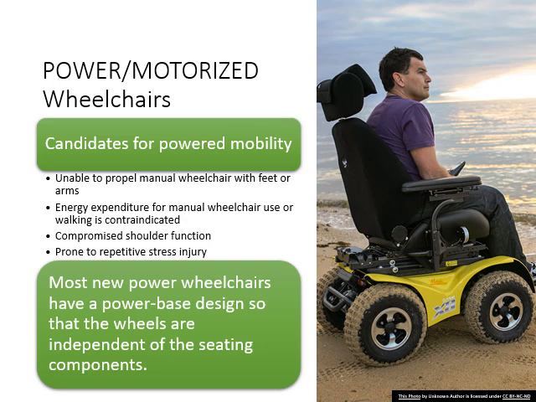Somebody also with compromised shoulder function is going to be better served with a power or motorized wheelchair, and somebody who's prone to repetitive stress injury. So if you think about propelling a wheelchair, that's a lot of repetitive motion. Somebody who's prone to having an injury from repetitive use may be better served by a motorized wheelchair.